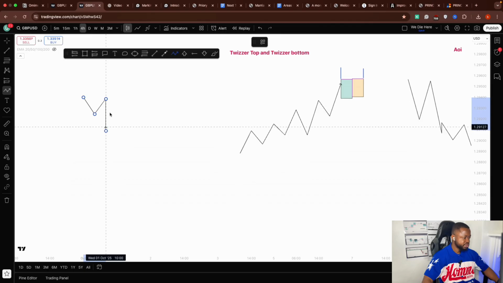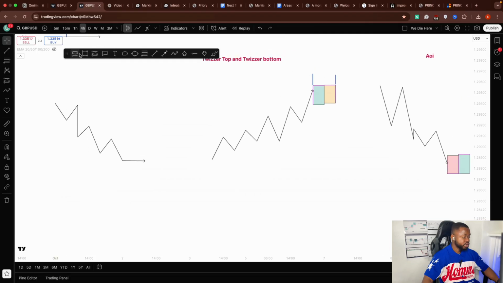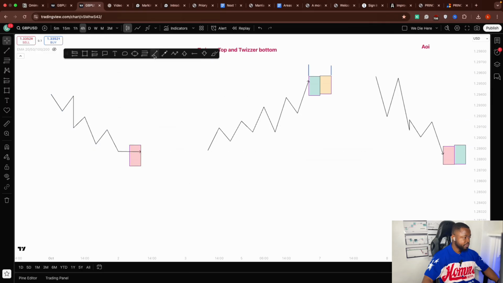When price is bearish, we have a bearish price, and price decides to stop here. When price is about to change direction, it prints a morning star. So a morning star is a 3 candle formation.